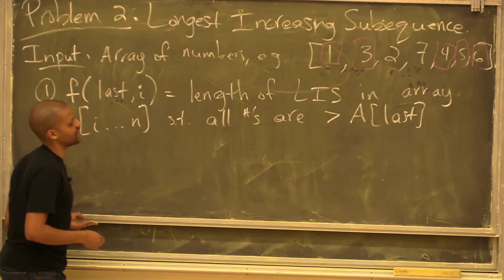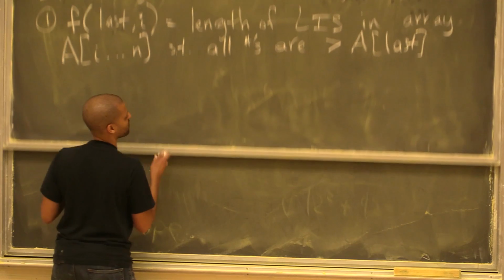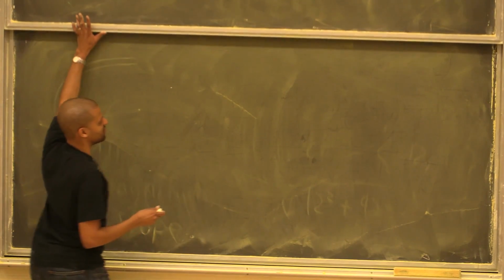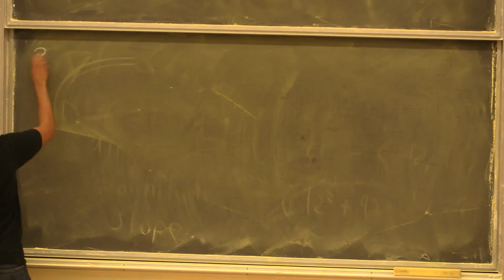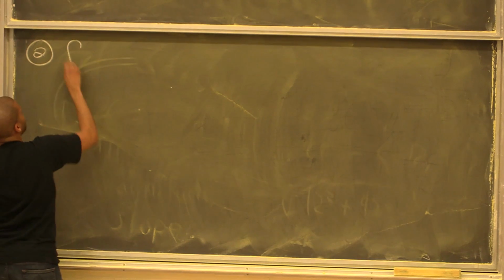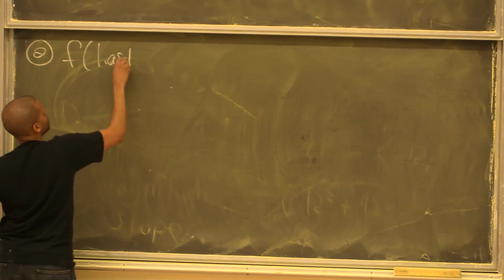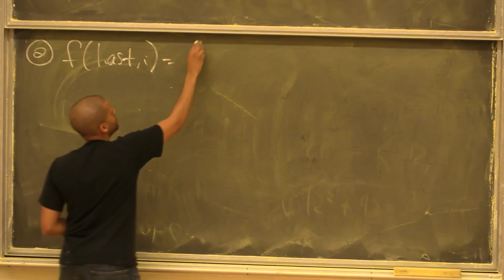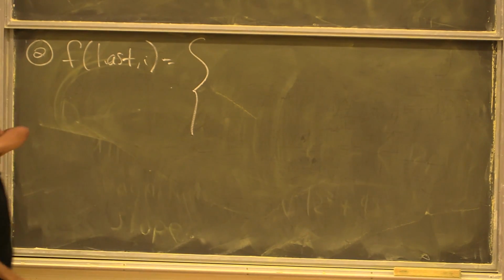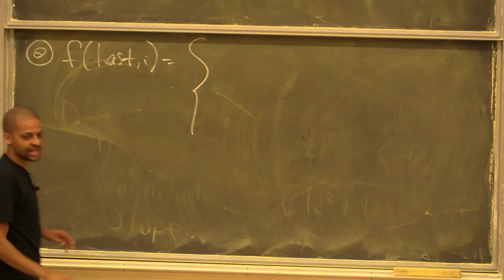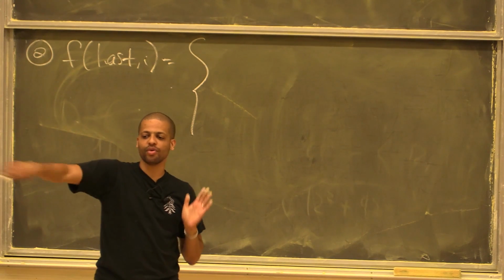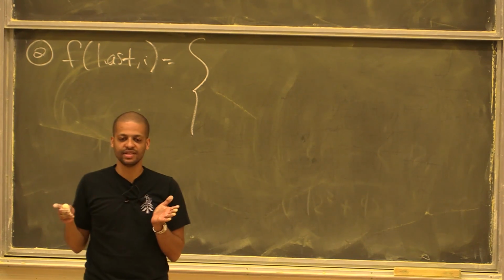We can write a recurrence relation. So f(last, i) is equal to. So what's the base case? The base case is I've finished processing the entire array. There's nothing left to decide.